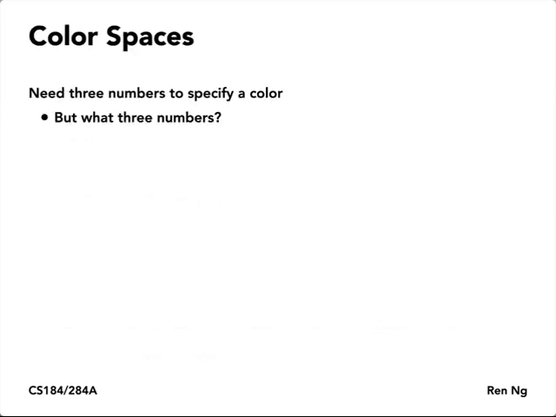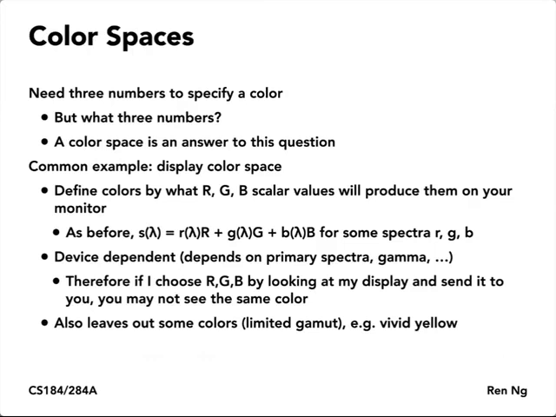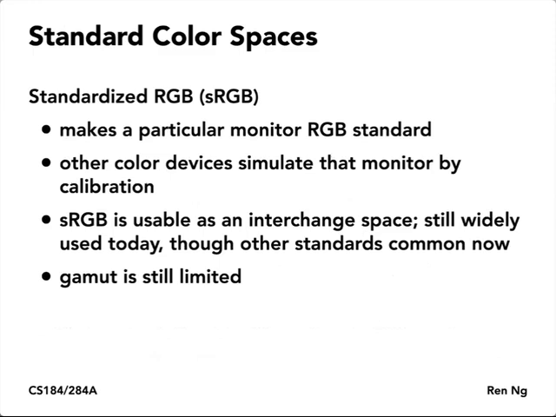So we could do, as I said on this slide, so I'll go back for a second. We could have a display color space, easy to understand, but not very interchangeable. It's a small conceptual step to say we could standardize that. So that's what sRGB was the first famous example of. Little s stands for standard. Okay, so a bunch of companies got together at a certain moment and said, hey, all our displays are physically different, but we want them to be able to show the same colors from files that people are sharing. So let's make a particular monitor RGB standard.